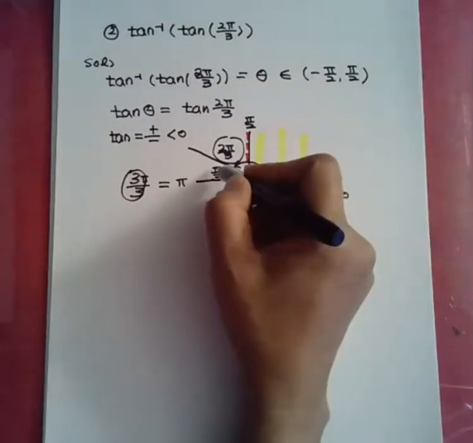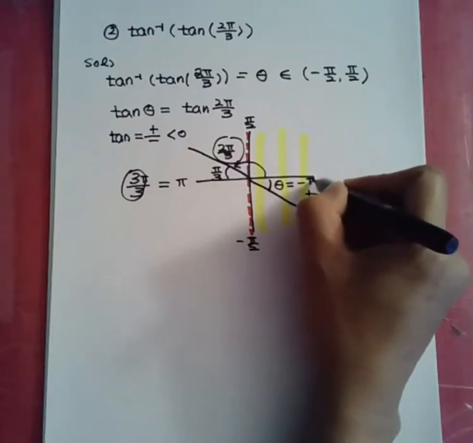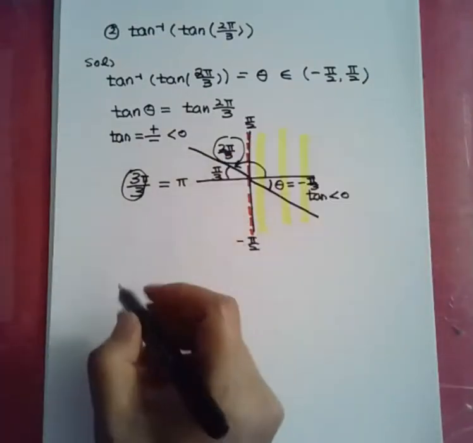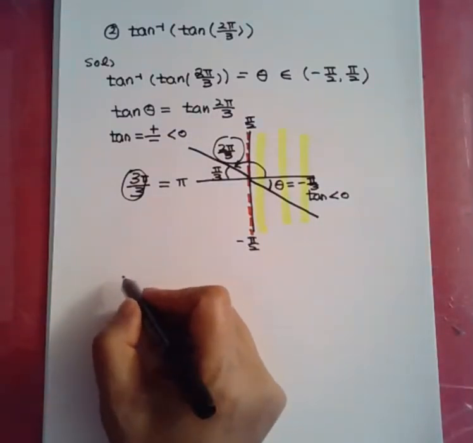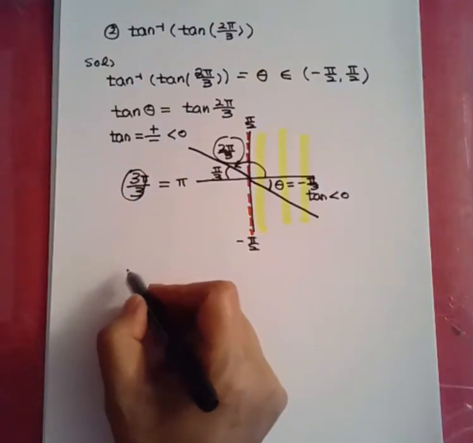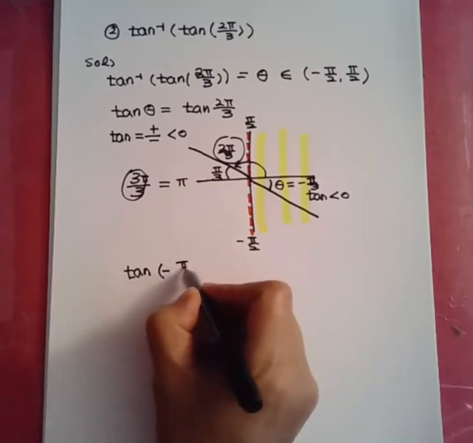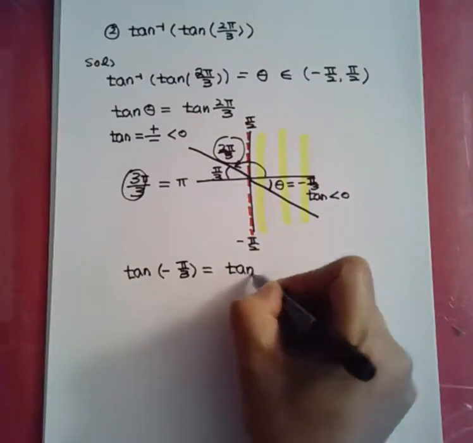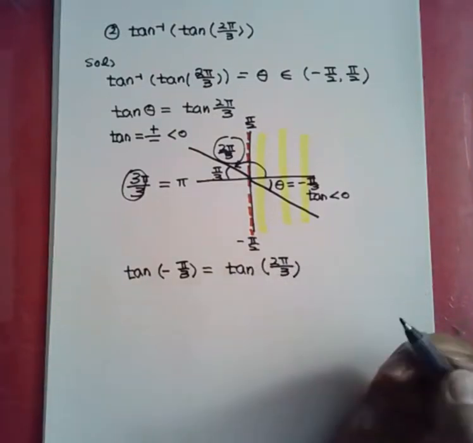The reference angle was pi over 3, so this angle is minus pi over 3 because the angle ranges between minus pi over 2 and pi over 2. So what we are getting here is tangent of minus pi over 3 equals tangent of 2 pi over 3.